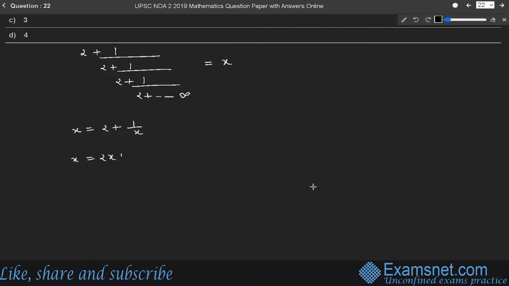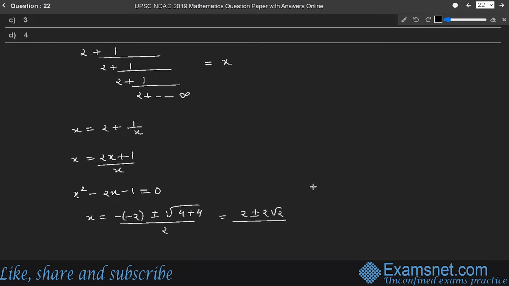x will be equal to (2x plus 1) divided by x, or x square minus 2x minus 1 is equal to 0. Here x will be equal to minus of minus 2 plus minus under root 4 plus 4 divided by 2. So it will be equal to (2 plus minus 2 root 2) divided by 2, which will be equal to 1 plus minus root 2.